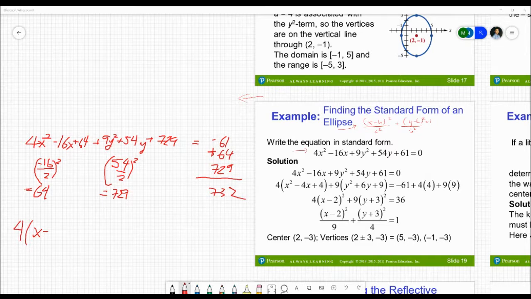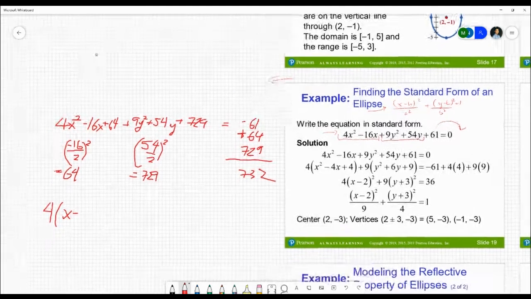Okay, so it seems that you forgot that we need to factor out the a value before we complete the square. Group all the x's and the y's first, then bring the constant to the other side, and then we're going to factor out the coefficient of x squared.